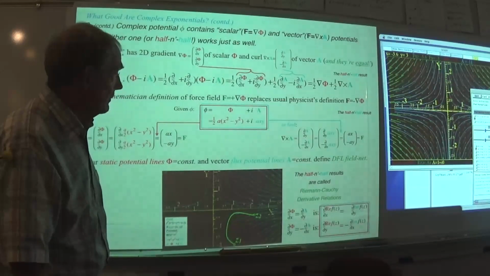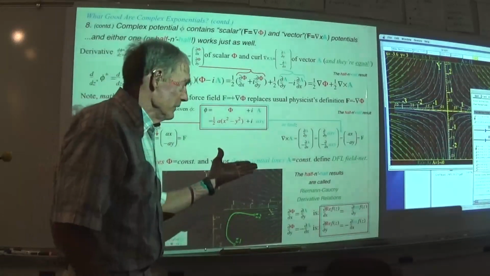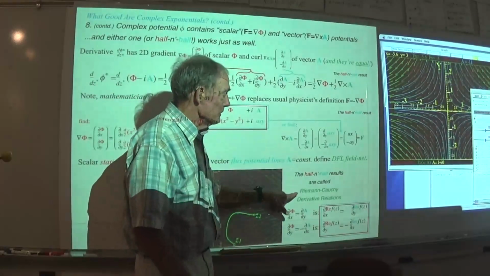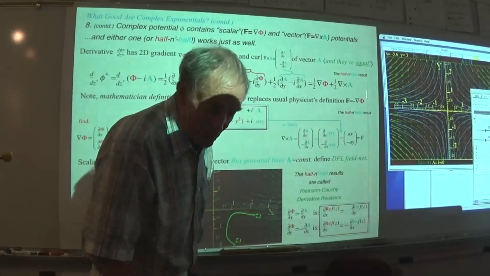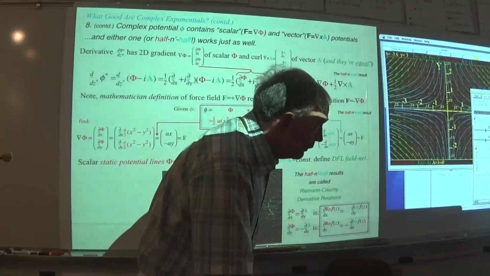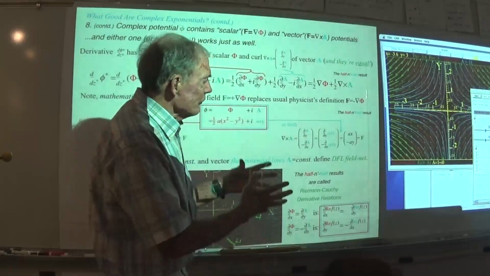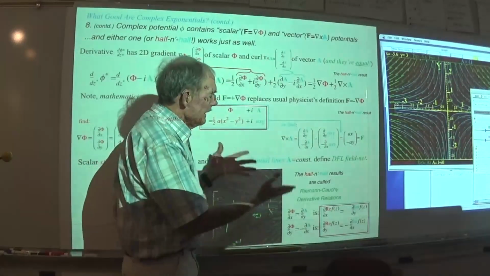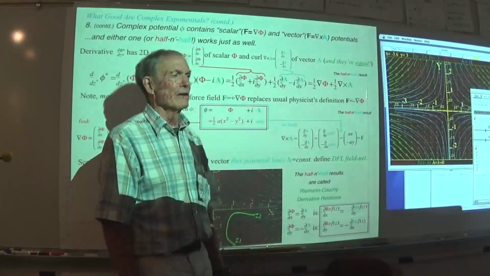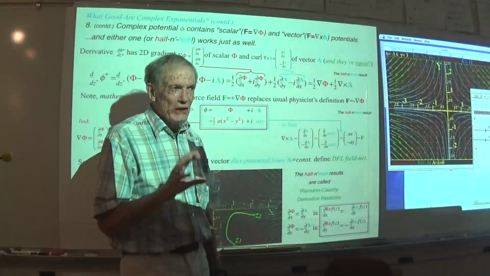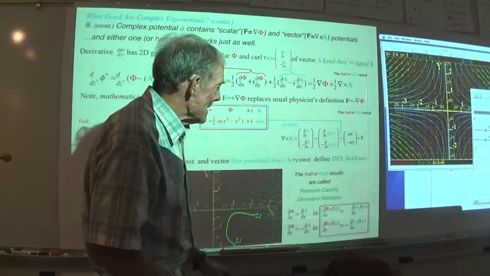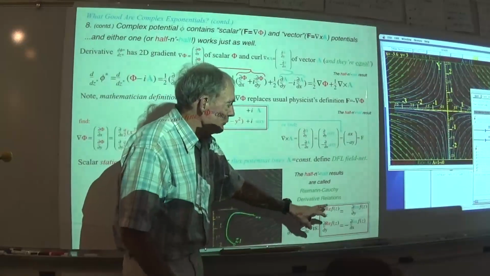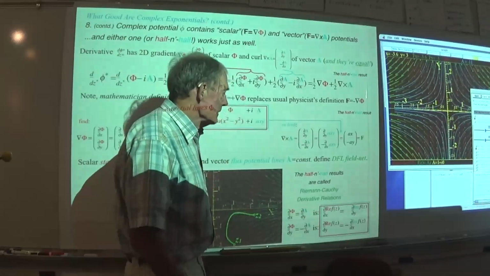Okay, is there anything else I need to say? Yeah. These half and half results are called the Riemann-Cauchy derivative relations. That's just part of their lore that is thrown at you when you get a complex variable. They say, hey, this is what you've got to have in order to have an analytic function. And that statement is very misleading. We'll try to clarify that a bit. But anyway, that's what makes what happens here.